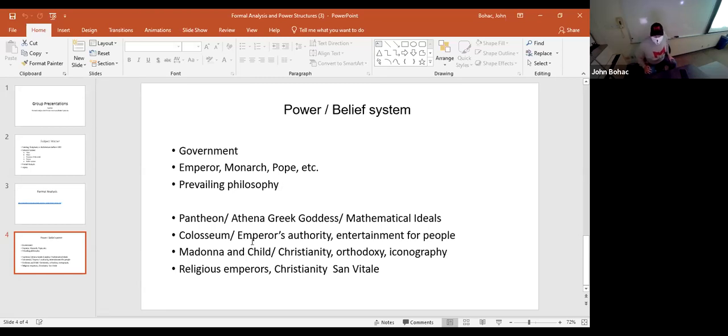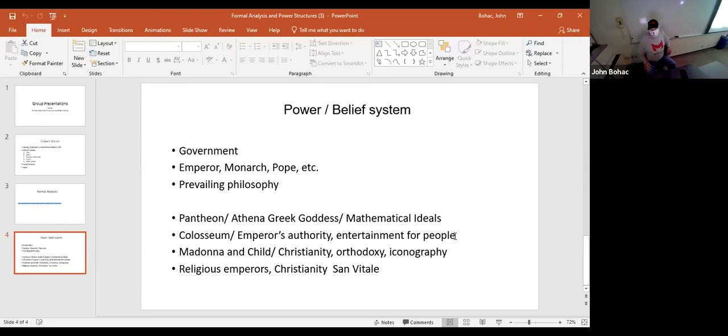Colosseum, Flavian's amphitheater. It was an expression of Roman authority. And so the emperor did this, and one of the things that happened in ancient Rome, in imperial Rome, if you will, is that they placed a value on entertaining people. They realized that if they kept their people fed, if they kept them entertained, you kept them happy, life would be much better.